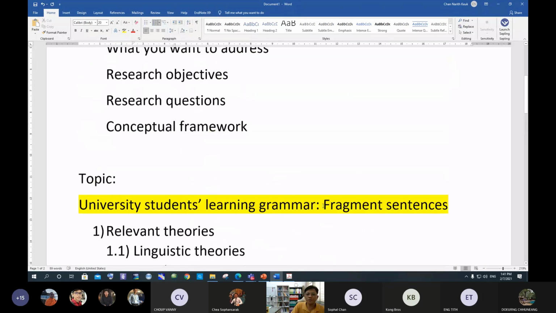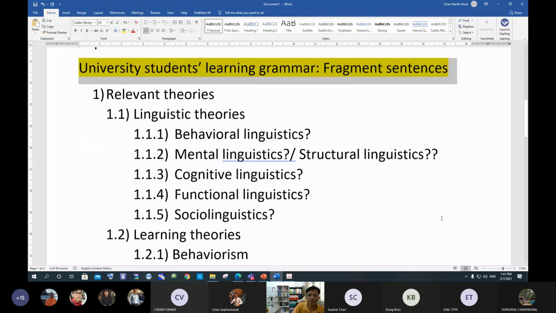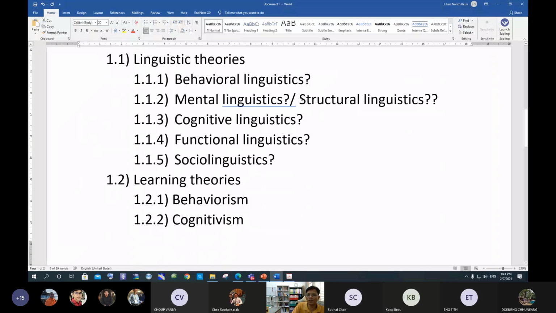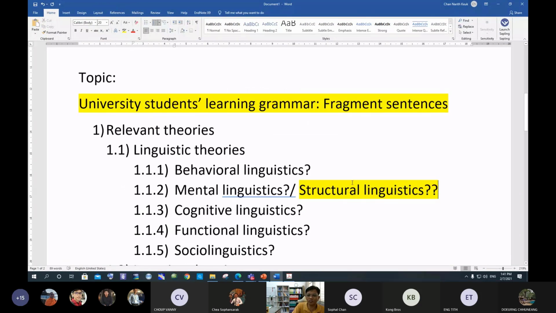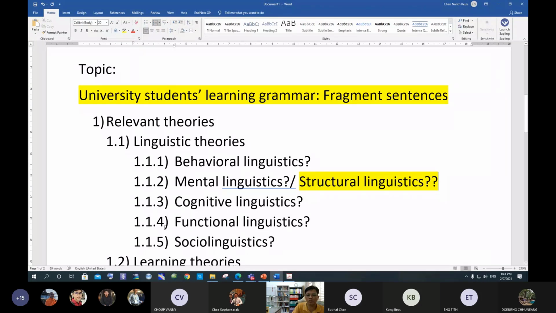I guess for the topic university student learning grammar, when you focus on fragment sentences, your topic would be more on structural linguistics, because it's about structure. Fragment sentences is about structure. So structural linguistics, mental linguistics, cognitive linguistics are the most relevant to your study now.